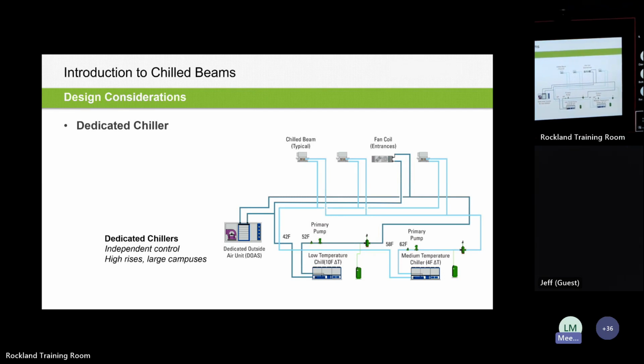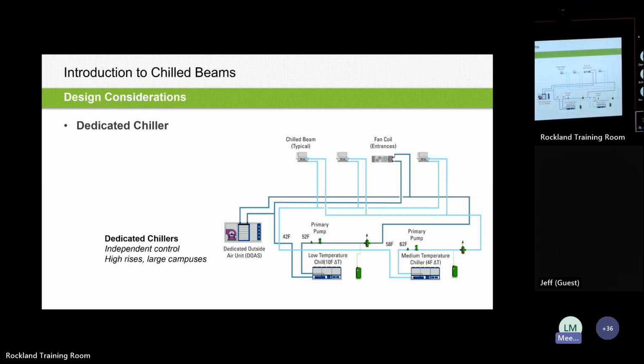So as far as dedicated chillers, it helps with independent control. Sorry, I thought I had an animation there. So you've got two chillers here, the low temp, which is providing the 42-degree water to the DOAS air handling unit, in the fan coils in the entrance area.